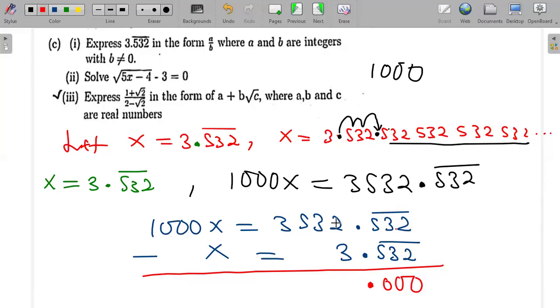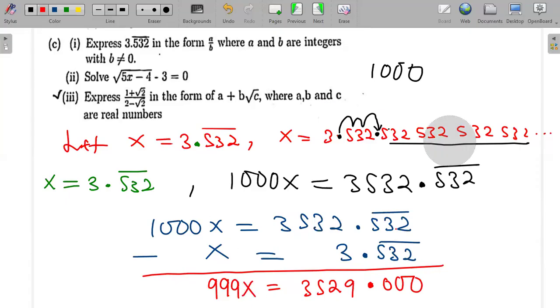And then let's subtract. 3,532 minus 3 is going to give me 3,529. And then here I have 1,000x minus 1x, so I get 999x.